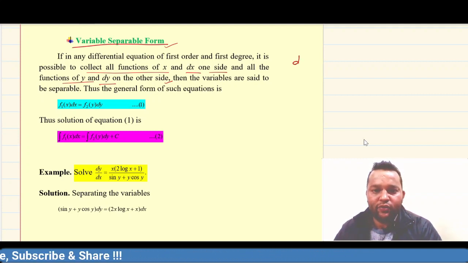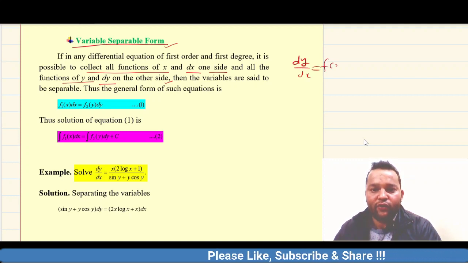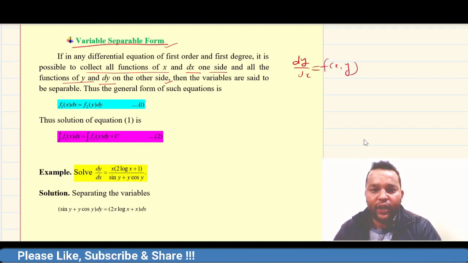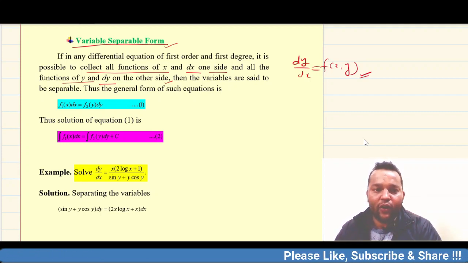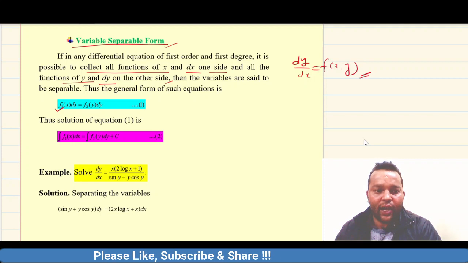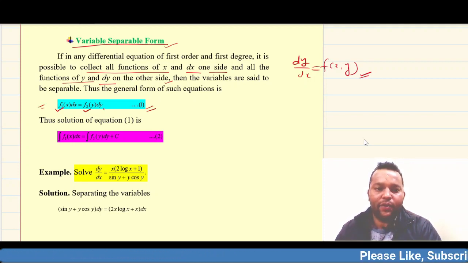Suppose the given differential equation is dy by dx is equal to f of x comma y. If it is possible to write this differential equation in the form of a function of x along with dx on one side and a function of y along with dy on the other side, it is said to be variable separable form.